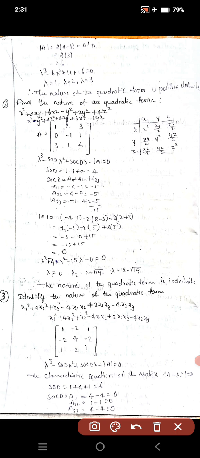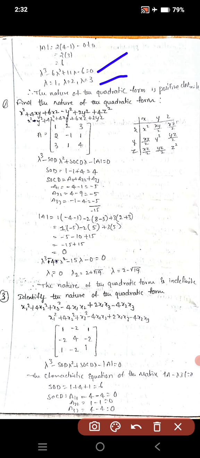Determinant value we get 6. Substituting in the equation: lambda cube minus 6 lambda square plus 11 lambda minus 6. We can find the roots very easily using Casio, as I told in the previous video: lambda is equal to 1, 2, 3.